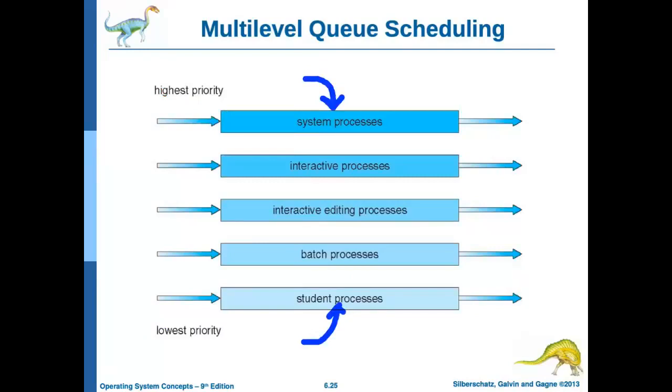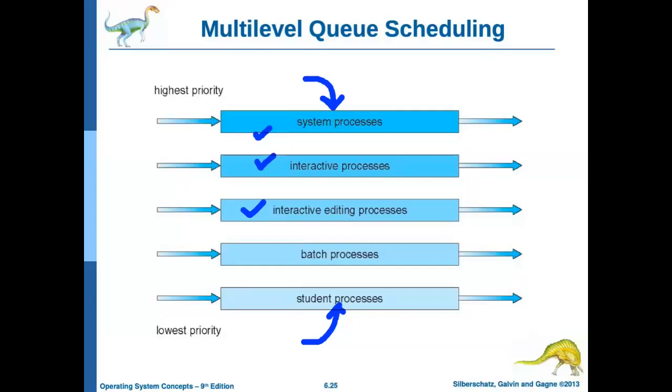The order is, at the top, highest priority will be system processes, then interactive processes, then interactive editing processes. For example, users are typing programming assignments, or they are building their resumes, where they are actually making use of the keyboard and interacting with it.